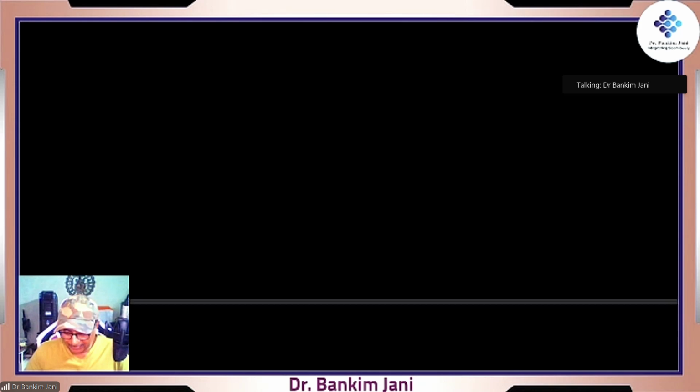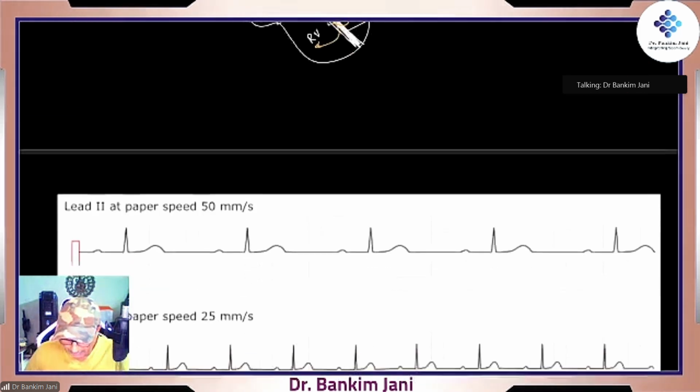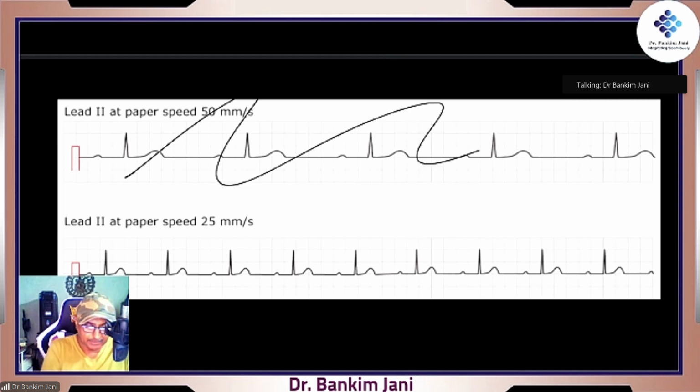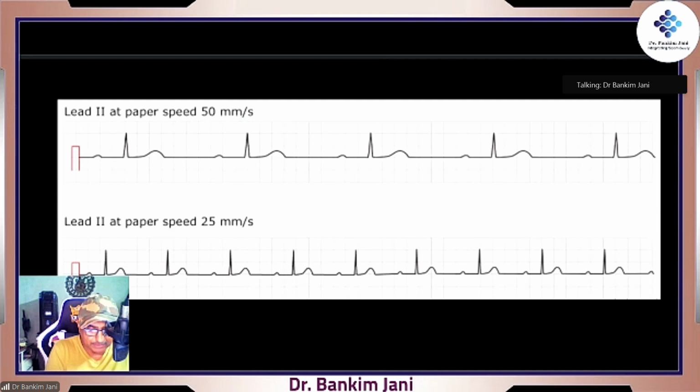Okay, let's fast forward and move on to see this. Watch this. Forget about this at present. Just watch this lower one, which is at 25 millimeters per second, a normal speed. The one above is double speed.